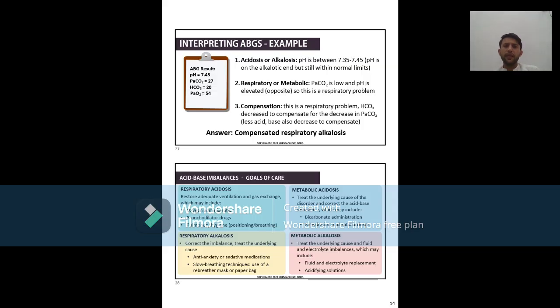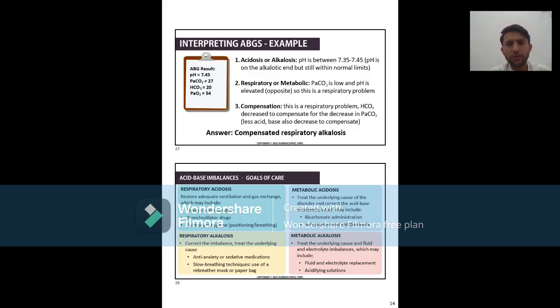Acid-base imbalance, goal of care. What is the goal of care? To restore adequate ventilation and gas exchange, which may include oxygen administration through nasal cannula, oxygen mask, rebreather mask, or non-rebreather mask, as we discussed earlier.